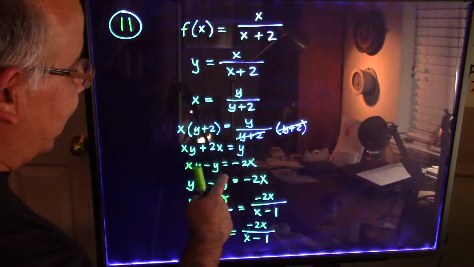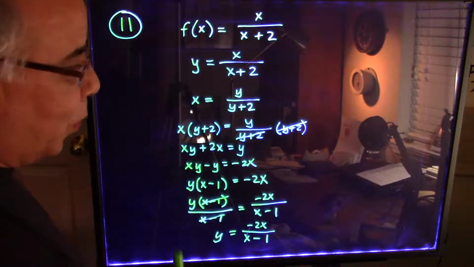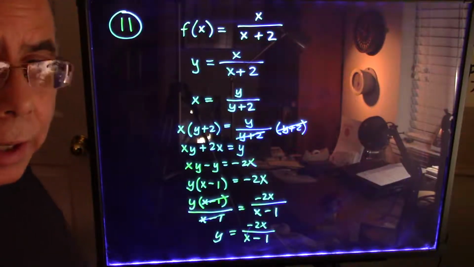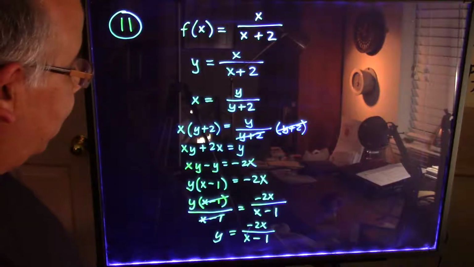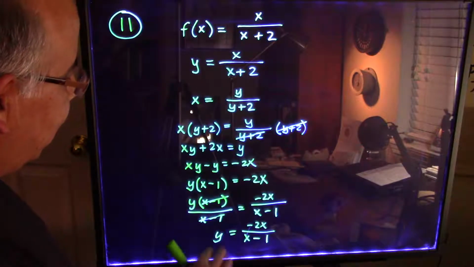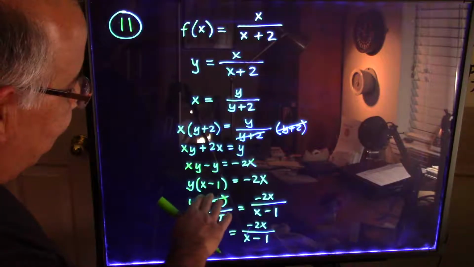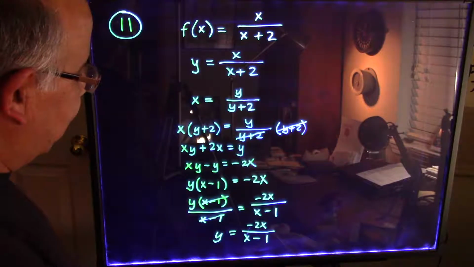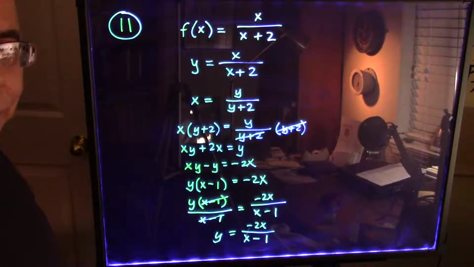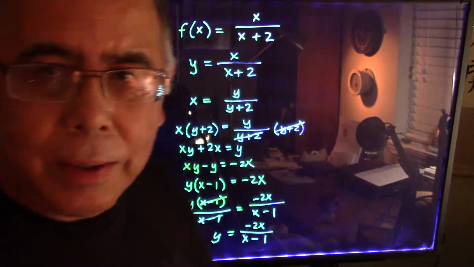When I say all the y's, I mean every term in which y occurs, get it to one side. And then you can factor the y out using common factoring. And then finally you can isolate the y's like this. Just divide both sides by whatever you need to do and get the y all by itself, and you've got it done.